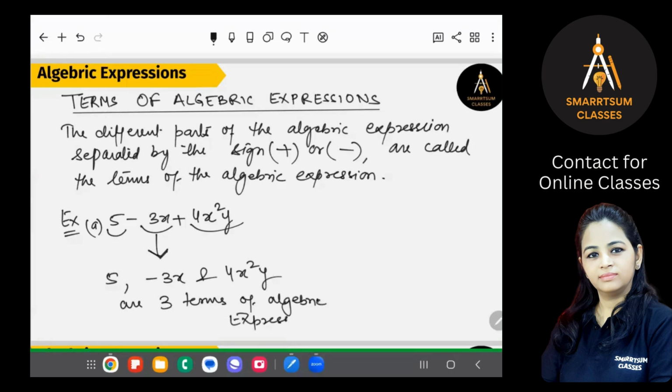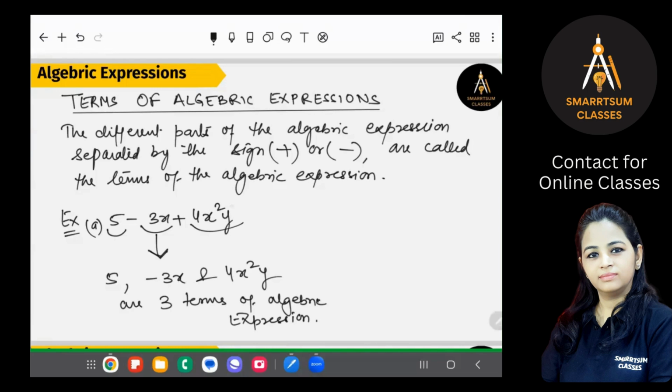So these are three different terms of the algebraic expression. Is that clear? Always remember, multiplication and division do not separate the terms. Terms are always separated by addition and subtraction.